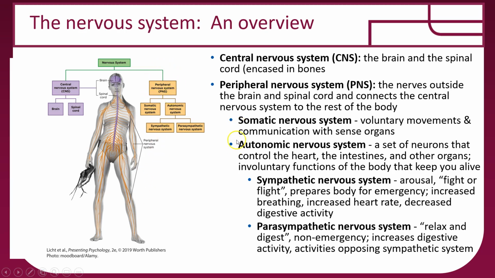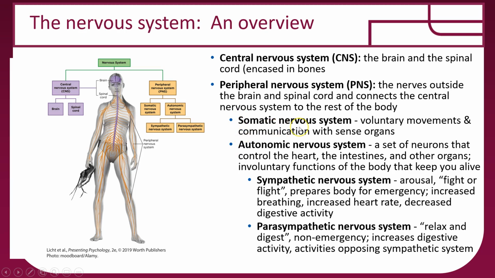Now, we can break the peripheral nervous system into two other sections. You can see here we've got the nervous system that we break into the central and the peripheral nervous system, and then the peripheral nervous system we can break into two more parts. We call that either the somatic or the autonomic nervous system.